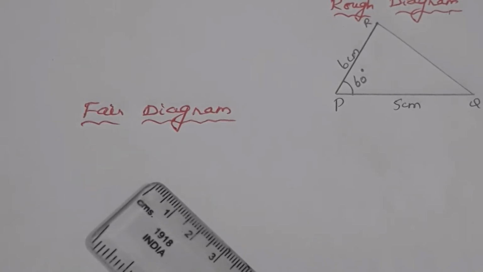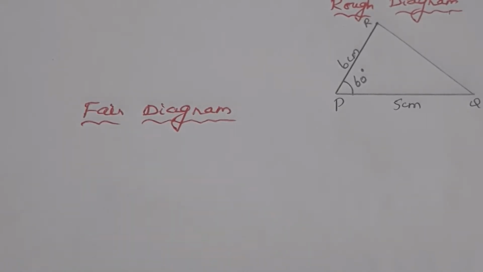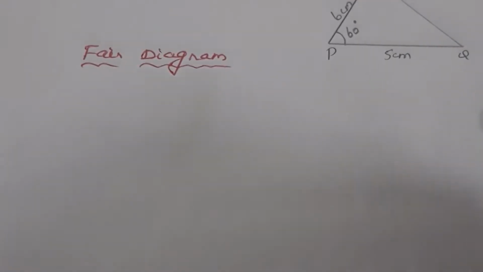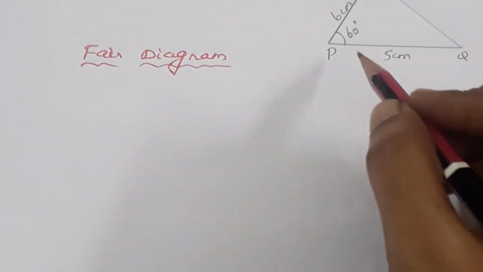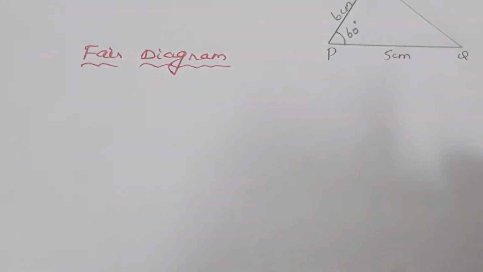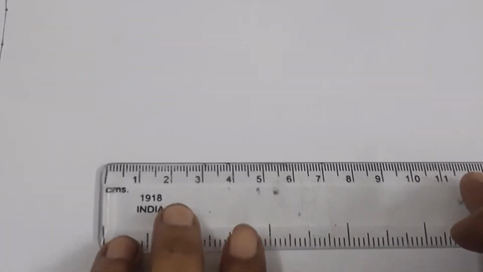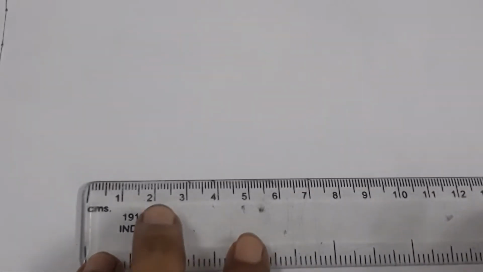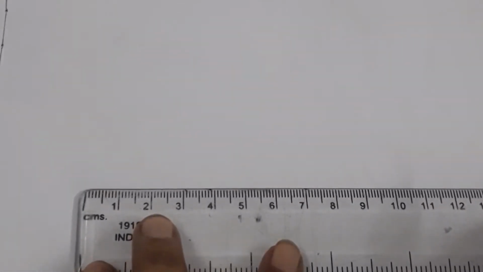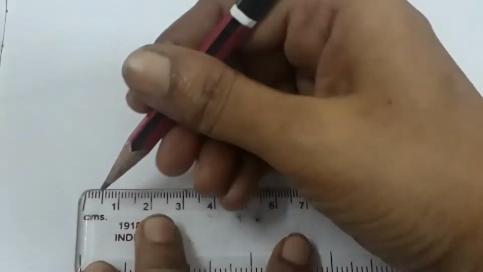Now we move on to the fair diagram. So first you have to draw the line segment PQ of length 5 cm by using a scale. Take your scale, measure 5 cm length.